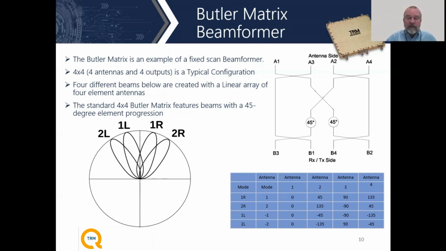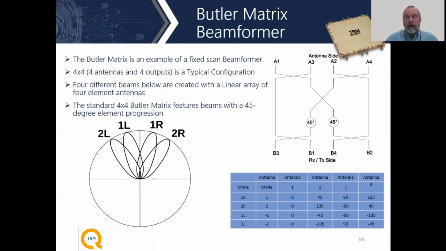Had these individual antenna elements been spread farther apart from each other in this axis, then each of these lobes would bend down farther and be closer to the horizon. So instead of having the 2L and 2R up there at, say, 30 degrees off of vertical, those lobes can go right on down, even touching the horizon, depending on the individual element spacing. So the individual lobes can be shaped based on antenna element spacing.